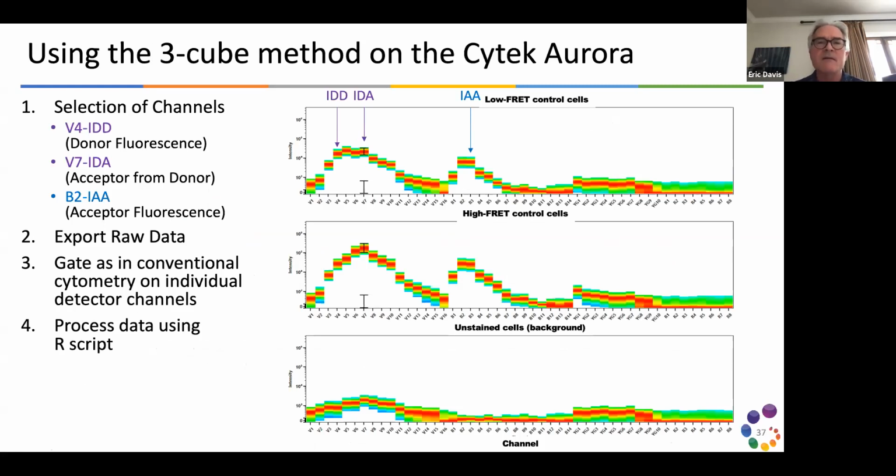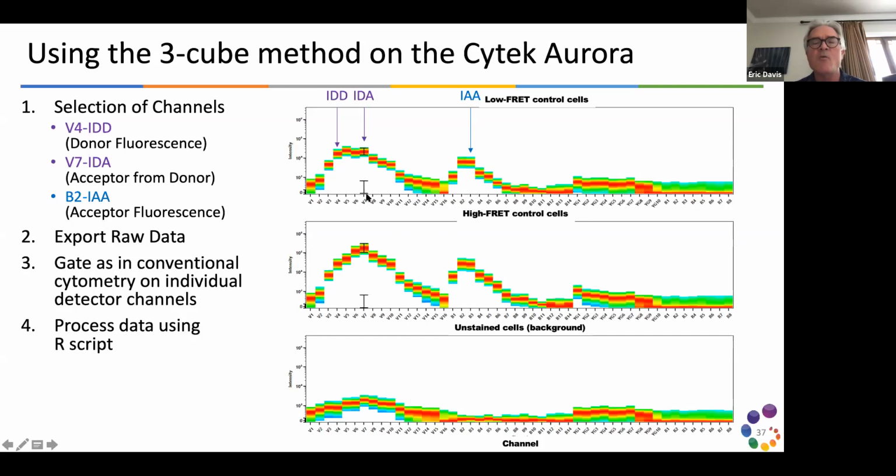So when we obtained a Cytek Aurora, we first tested whether we could get similar results using just comparable channels from the multi-channel spectrum on the Aurora. Shown here are 3 spectra: the low FRET control, the high FRET control, and unstained cells for background.